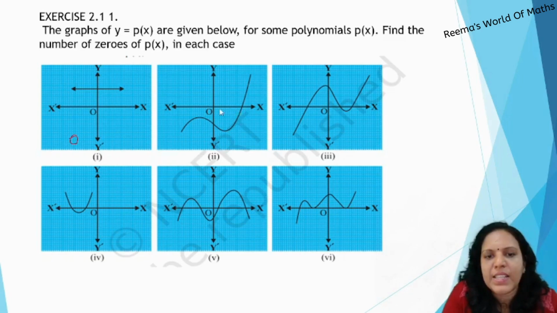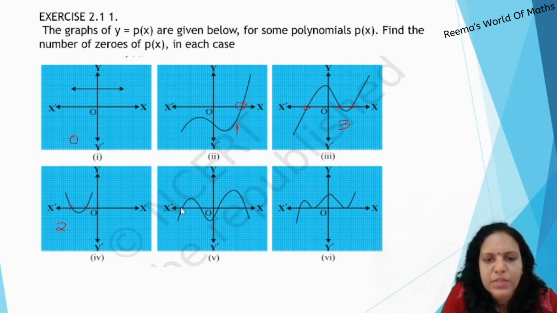Here we can say it has cut the x-axis at 1 point. It's cutting it here, so it has just 1 zero. And here at 1, 2 and 3 points, so it has 3 zeros. Here it is cutting the x-axis at 1 and 2, so it has 2 zeros.